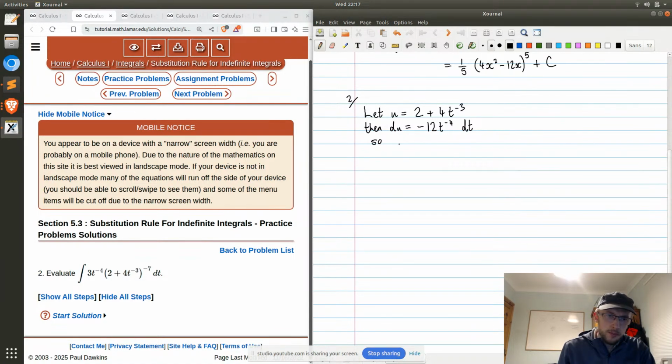So 3t to the negative 4 dt, I multiplied the right hand side by negative 1/4. Must do the same for the left hand side. Just there like that.